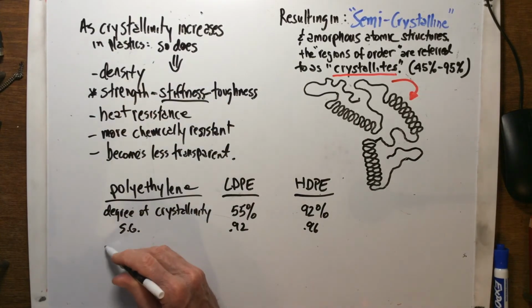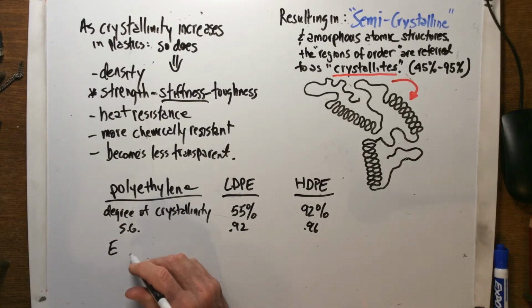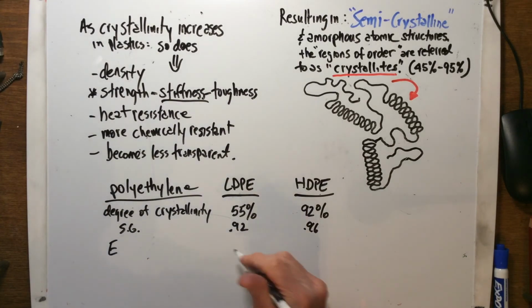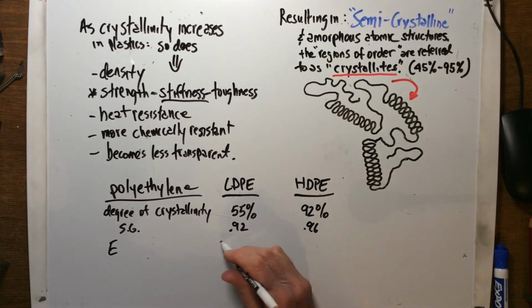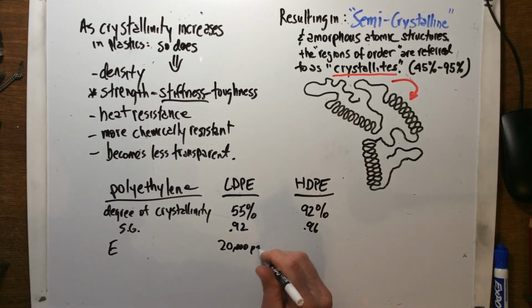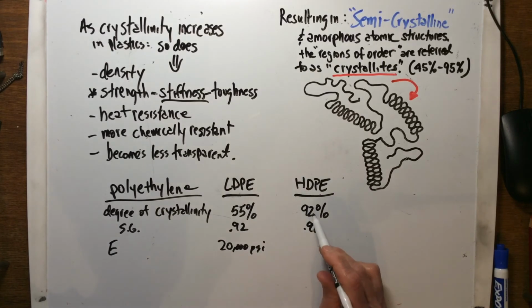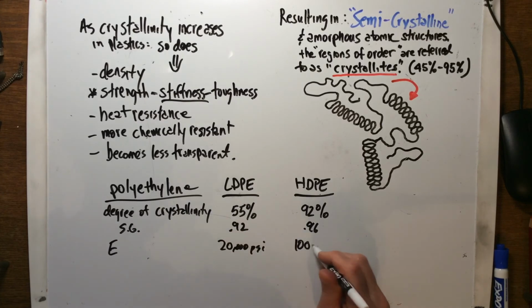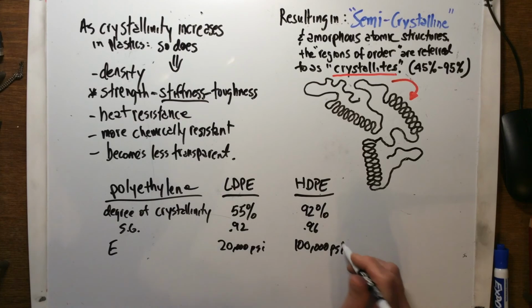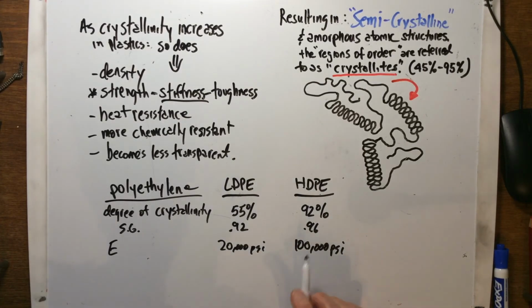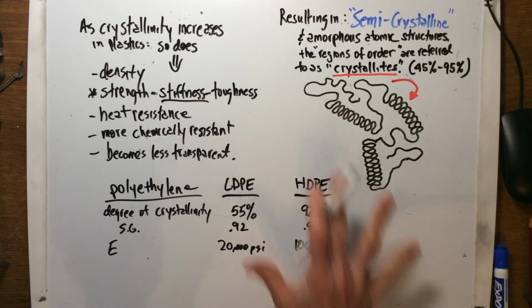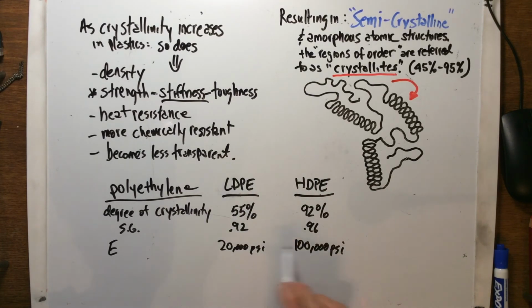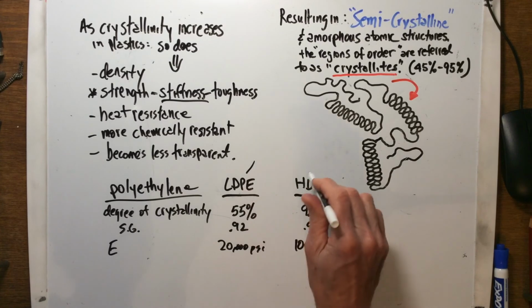Let's look at the modulus of elasticity. The modulus of elasticity E for an LDPE is at a whopping 20,000 psi, whereas with this high amount you suspect it to be greater, and it is, it's way up there to the tune of 100,000 psi. Now I know that's nowhere close to what metals are, but again, we're talking about a completely different material here. What I wanted you to see is the difference that it actually does make by increasing the crystallinity amount in that same polyethylene.